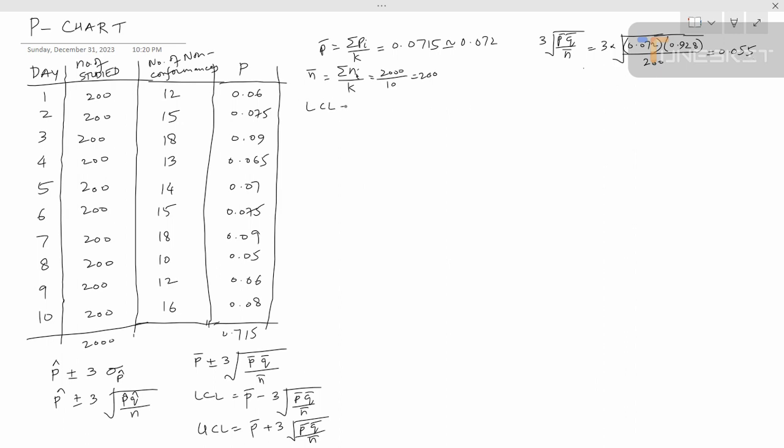Now we determine the LCL as 0.072 minus 0.055, which is 0.017, and then the UCL as 0.072 plus 0.055, and this is 0.127.